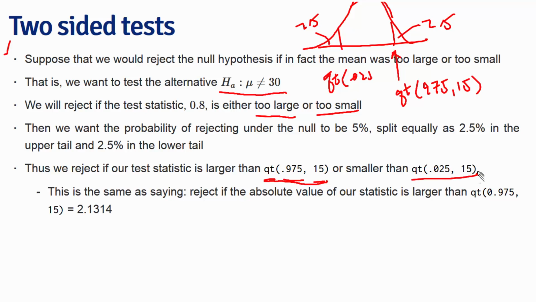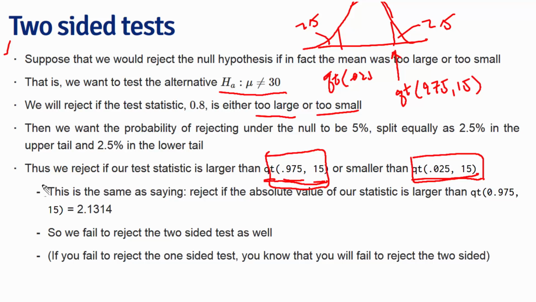So we're going to reject if our test statistic is larger than this guy or smaller than this guy. However, because the lower quantile is the negative of the positive quantile, we can always say that's the same thing as taking the absolute value of our test statistic and rejecting if it is too large. That point is made right here.